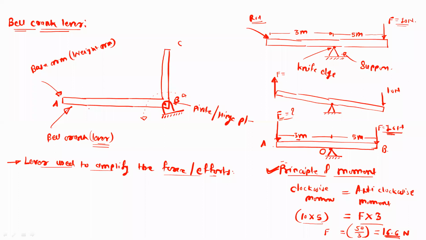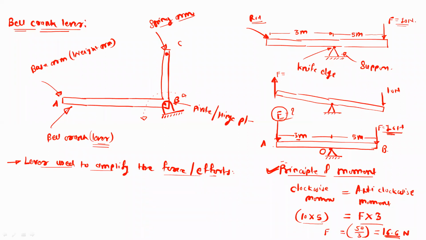because during the experiment we are going to connect the weight to the arm AB at different locations. And this BC arm is called the spring arm, because to arm BC we will connect one spring balance which will measure the force F, which is the unknown force, in order to maintain this equilibrium.